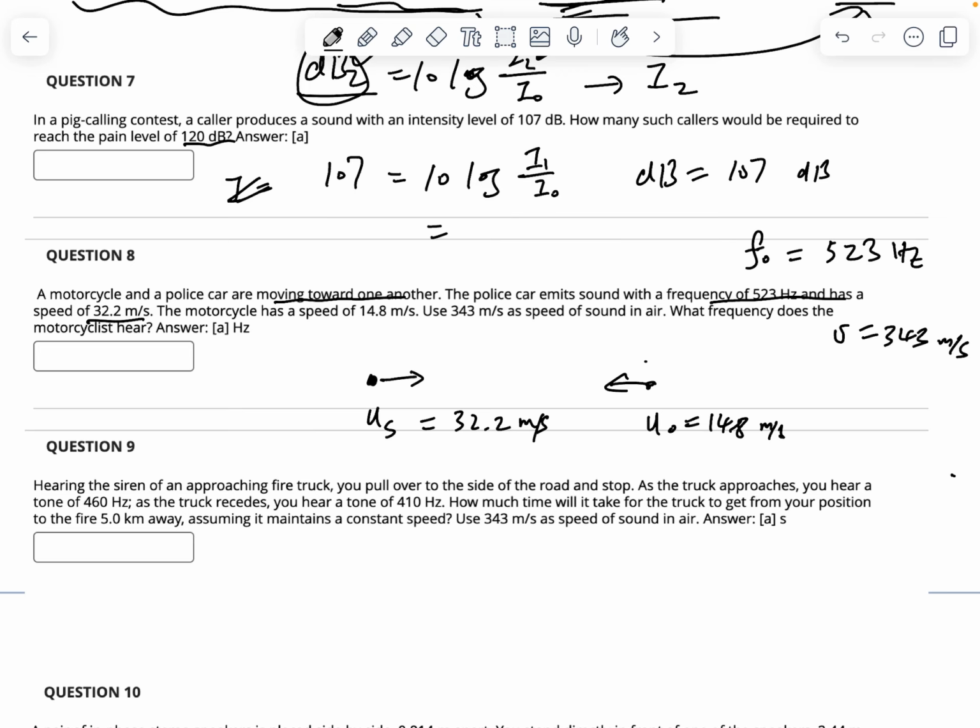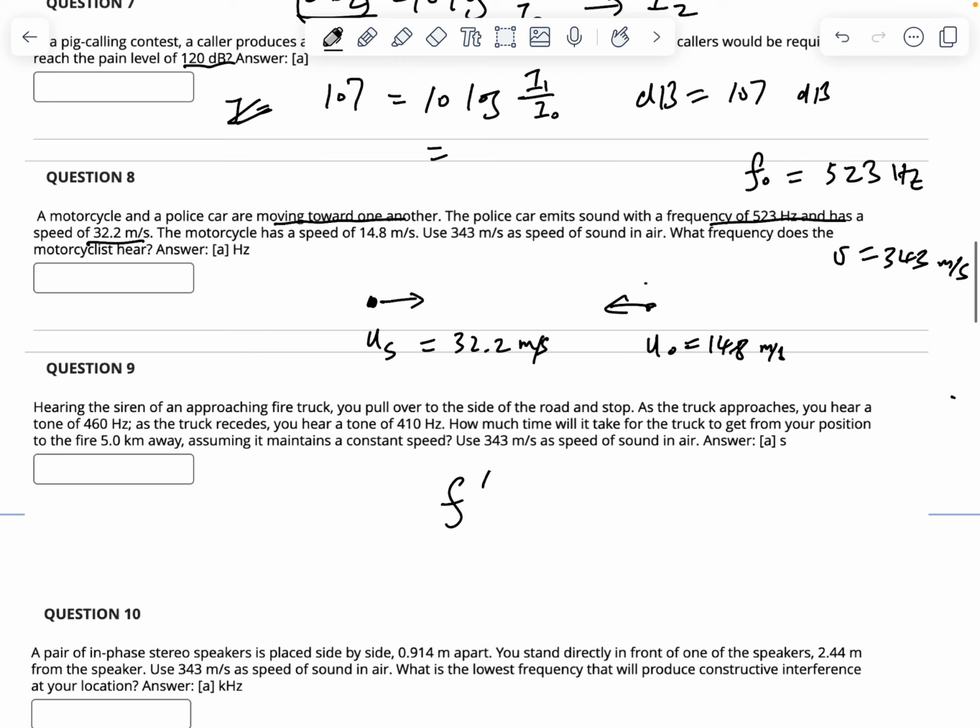What frequency does the motorcyclist hear? The important equation is that the frequency you get equals V, the speed of wave, with adjustments. Let's see if it's plus or minus. Consider the source stationary and the observer moving towards you: you get more frequency, so plus UO.